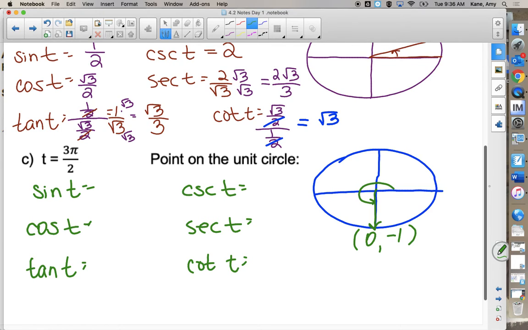So Nick, the sine is negative 1, the cosine is 0, and then the tangent. Yeah, so it's y divided by x, negative 1 divided by 0 is undefined.